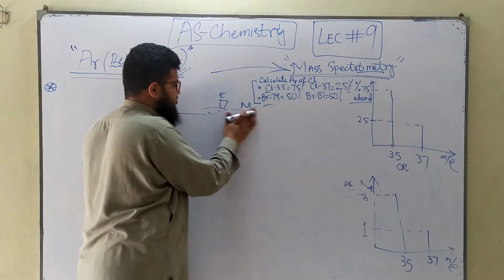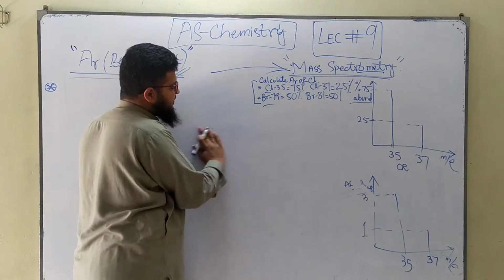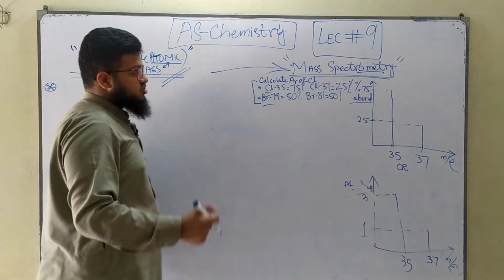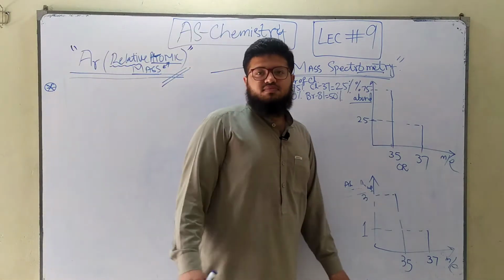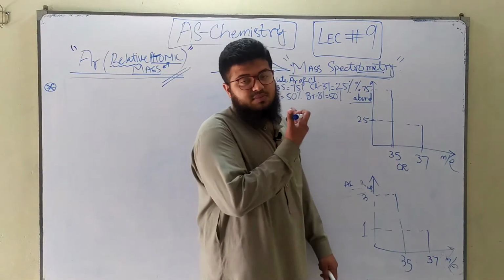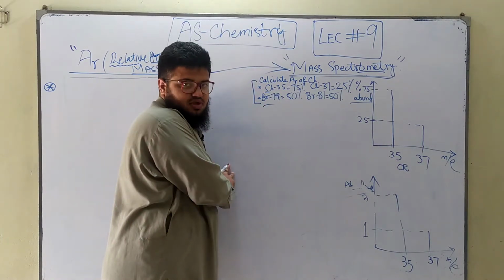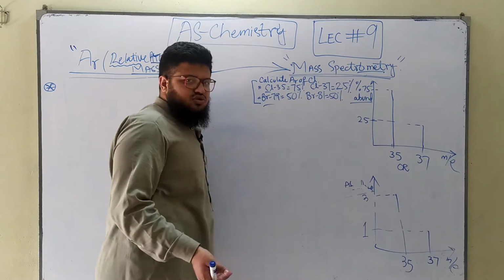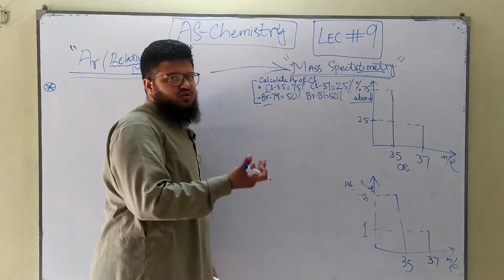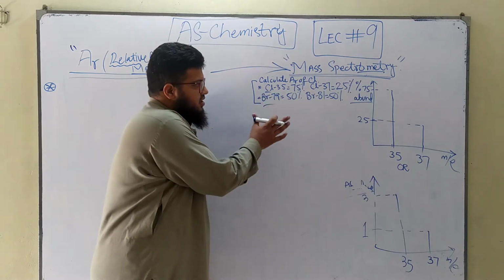That's actually kind of irrelevant to our Cambridge AS course, because no question has been asked about the design of the mass spectrometer. Although it's given in the books, it's up to you to learn it or not.